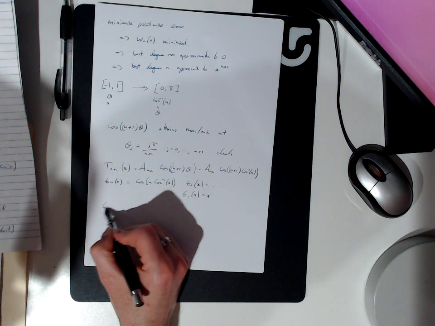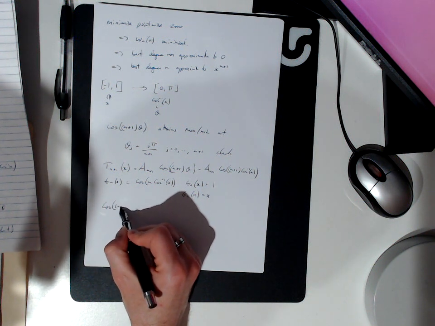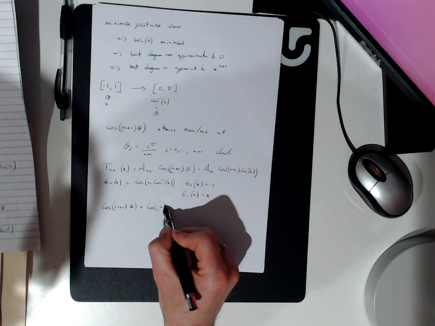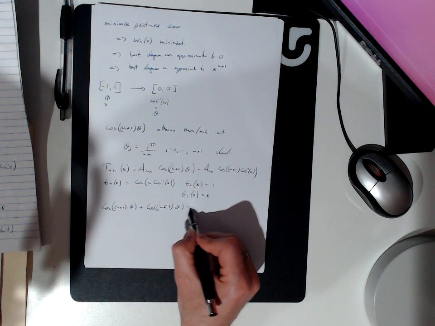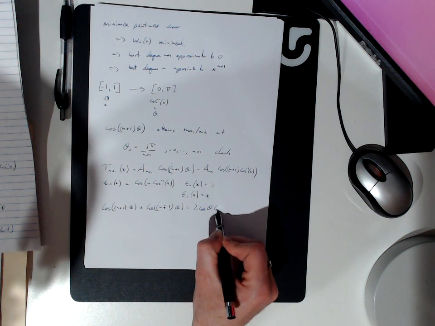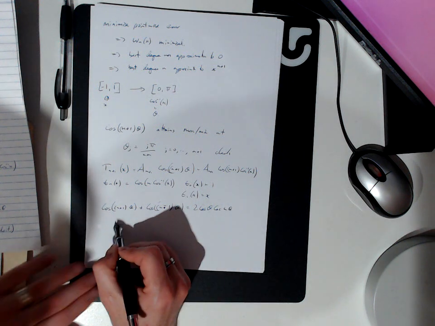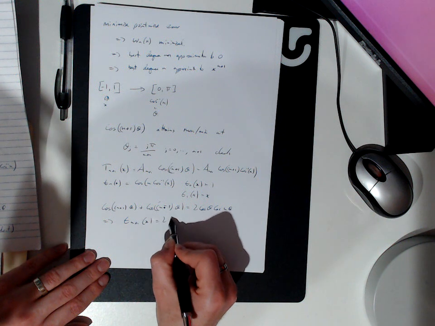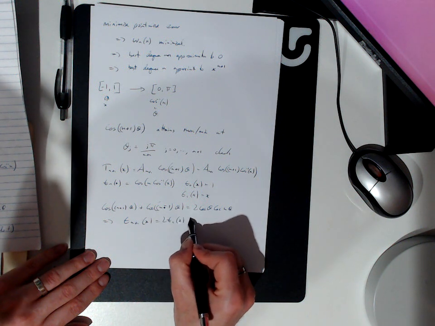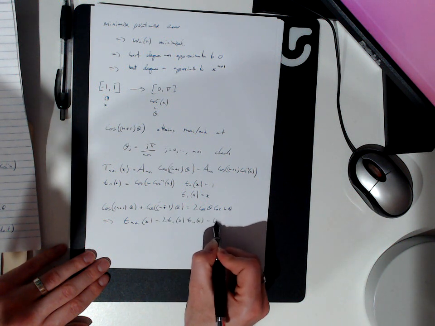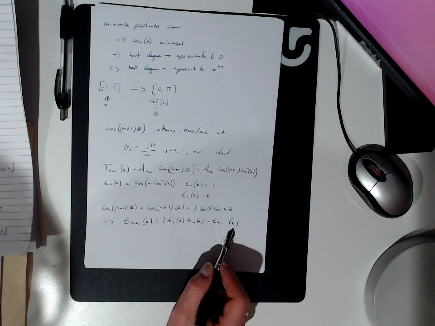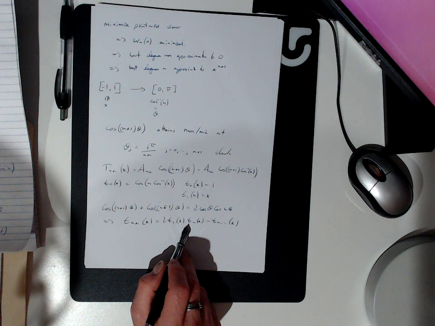There's a trig identity: cos((n+1)theta) plus cos((n-1)theta) equals 2 cos theta cos(n theta). And that implies, and you should check this, t_{n+1}(x) equals 2 t_1(x) t_n(x) minus t_{n-1}(x). This is a polynomial in our functions t_n's.